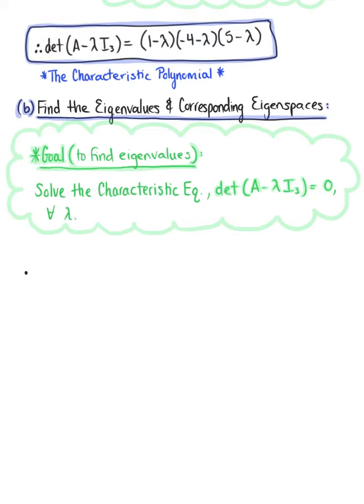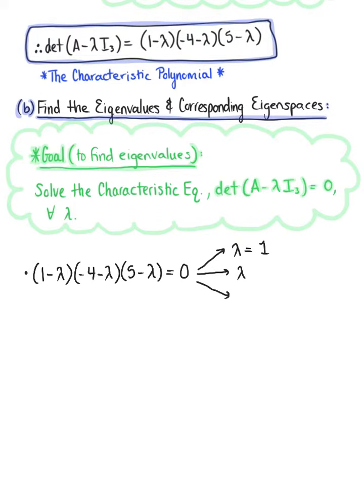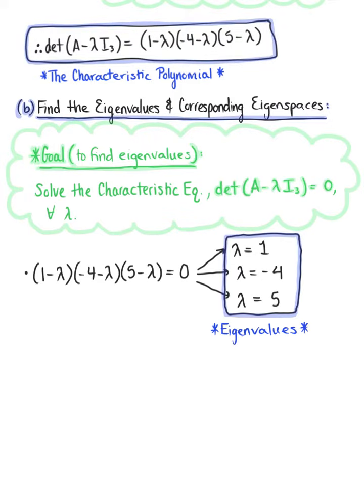So setting the characteristic polynomial equal to 0, we have (1 minus lambda)(negative 4 minus lambda)(5 minus lambda) equal to 0. And applying the zero factor property here, we have our three cases: lambda is equal to 1, lambda is equal to negative 4, and lambda is equal to 5. So these are the eigenvalues of matrix A.